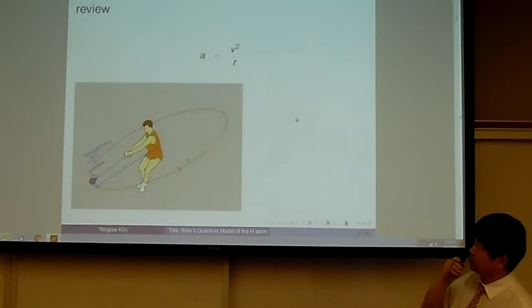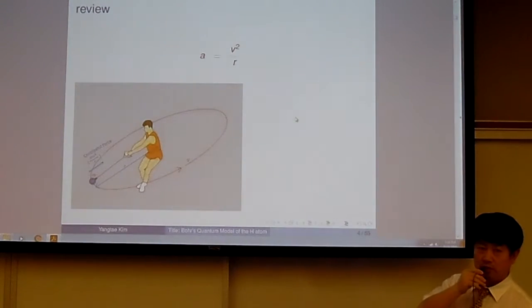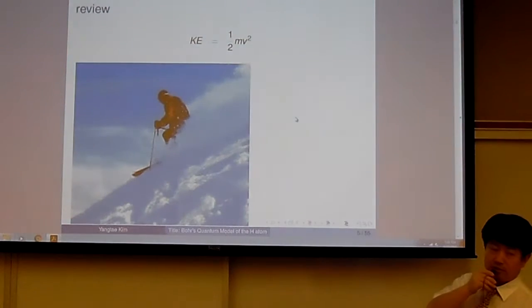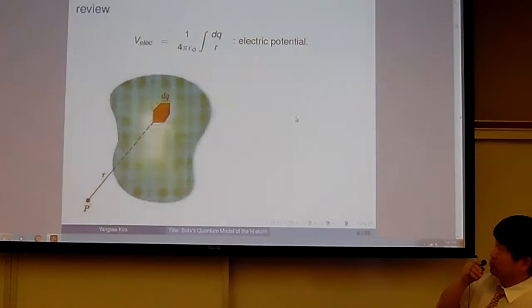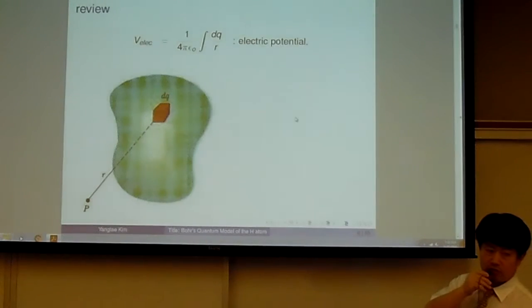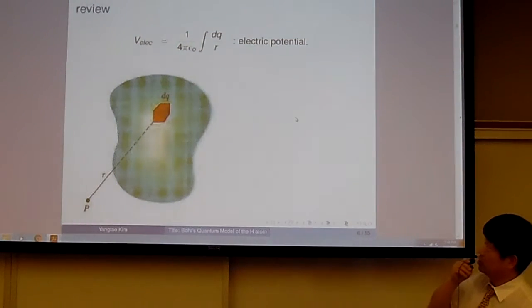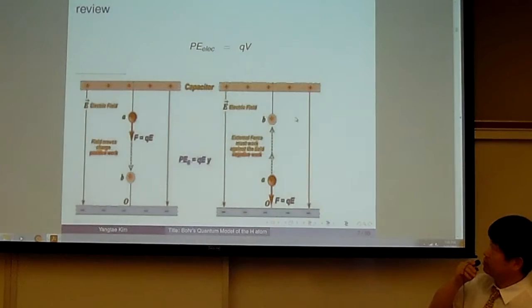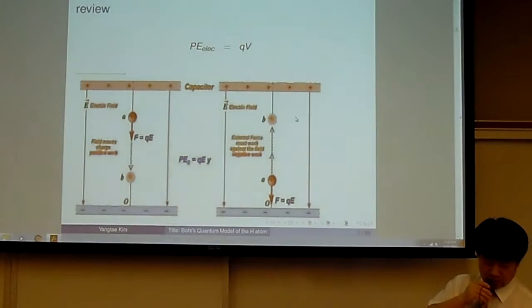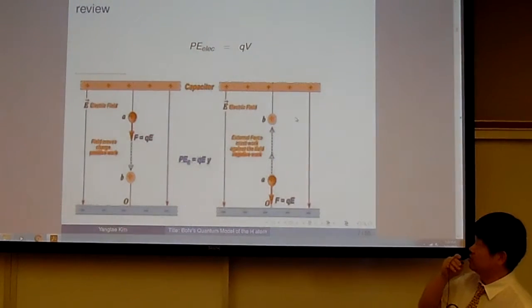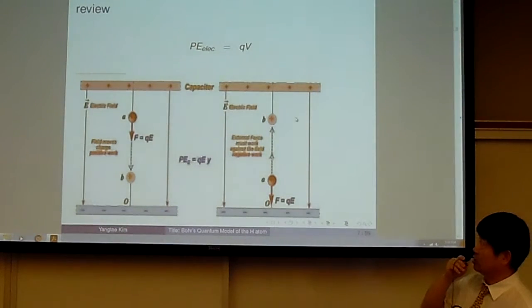When you have a rotational motion, the acceleration is v squared divided by r, and kinetic energy is half mv squared. And electric potential is 1/4 pi epsilon naught integrated over the charge distribution divided by distance. When you have a charge in a potential area, we have potential energy, which is charge times potential.